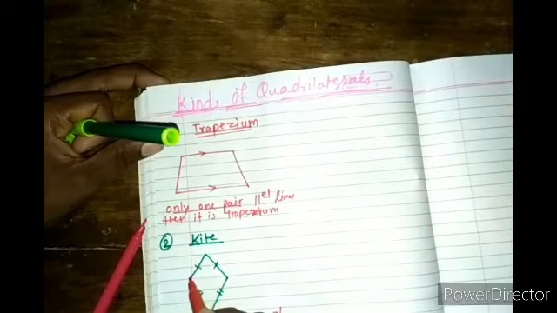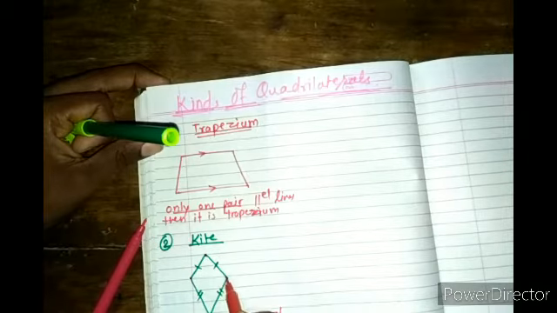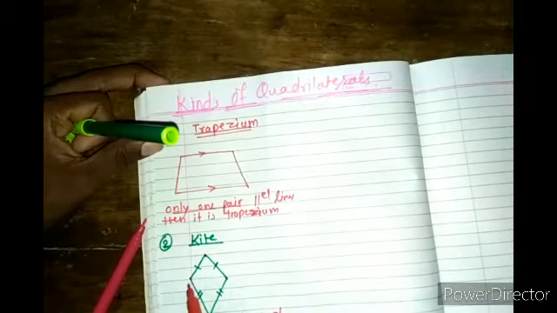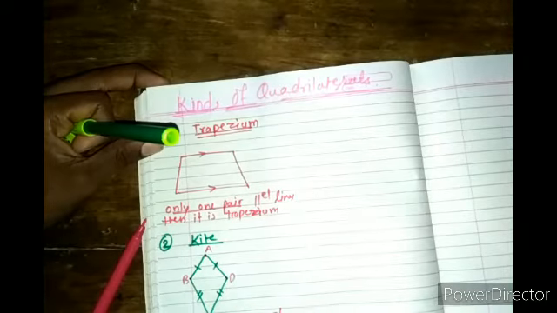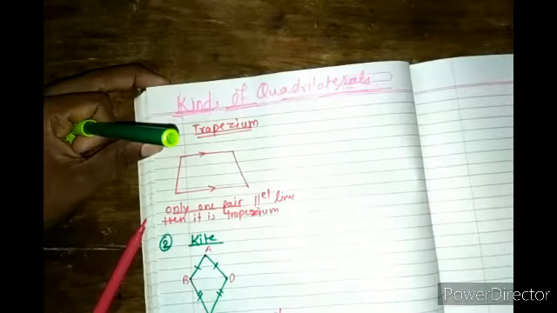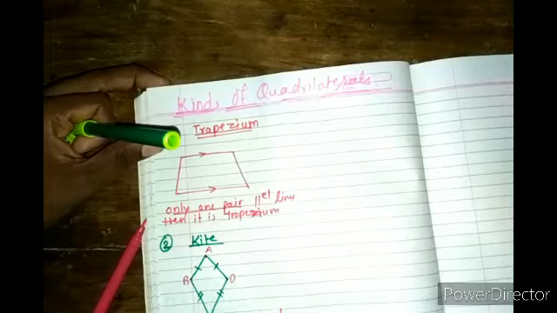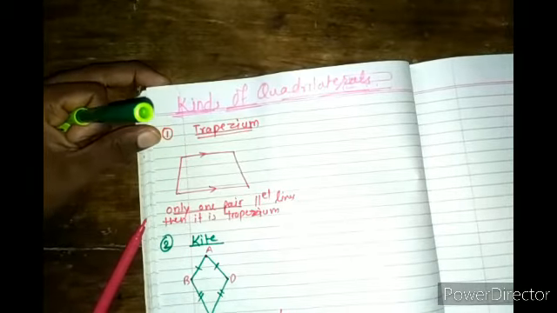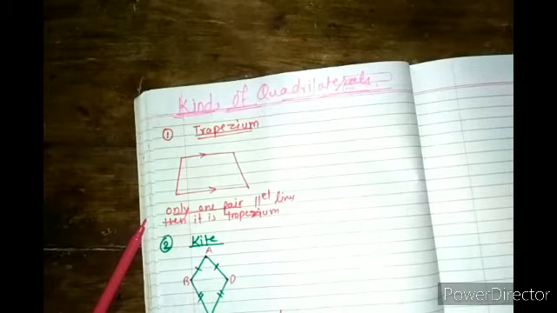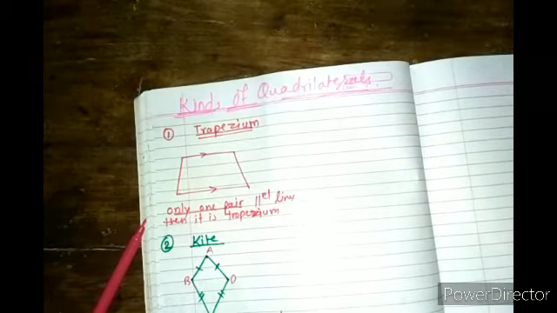Just like this side and this side, they are consecutive. Suppose I am naming the vertices A, B, C, D. So there are two pairs of consecutive sides. The first pair is AB and AD. The second pair is CD and CB.